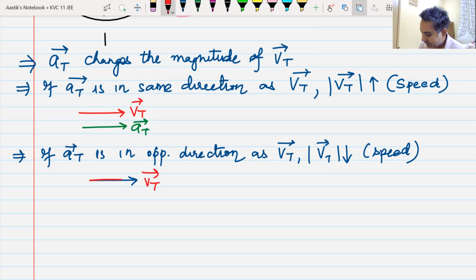If your Vt is like this and your AT is like this, it will decrease your speed.